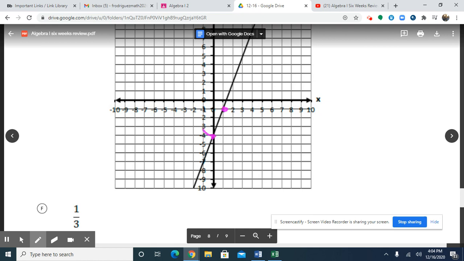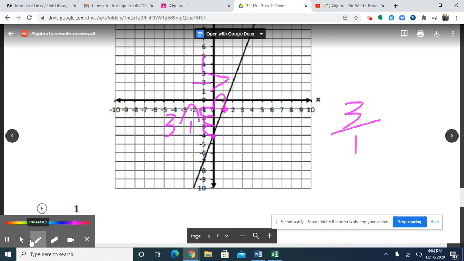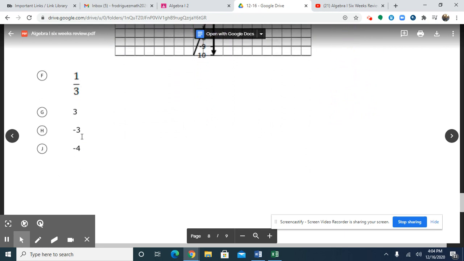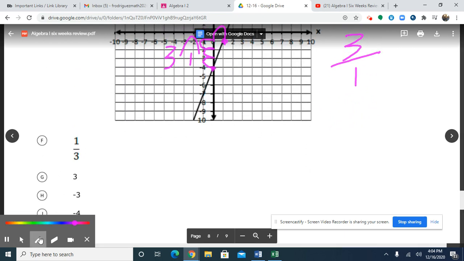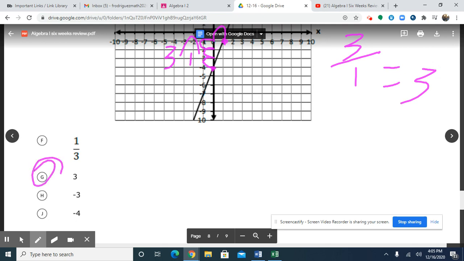So counting how many times we go up, 1, 2, 3. How many times we go over, we're going up 3 over 1. So we're rising 3, running 1. Remember that we can simplify that as 3. Therefore, our answer is G.